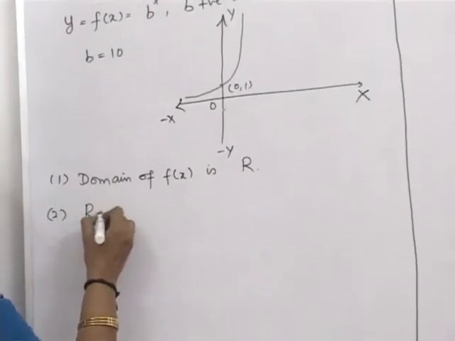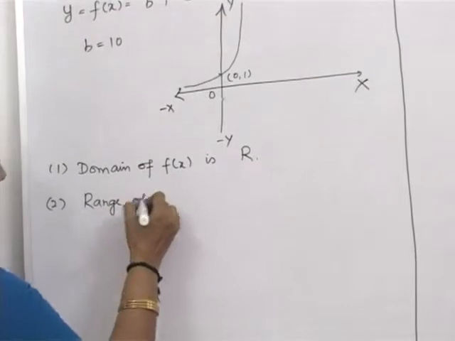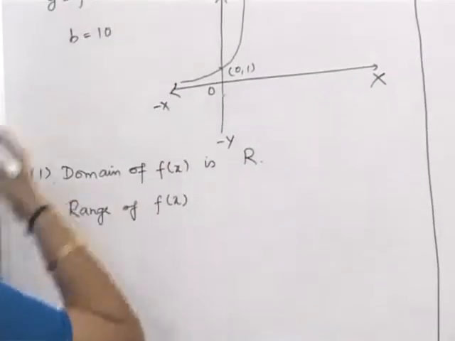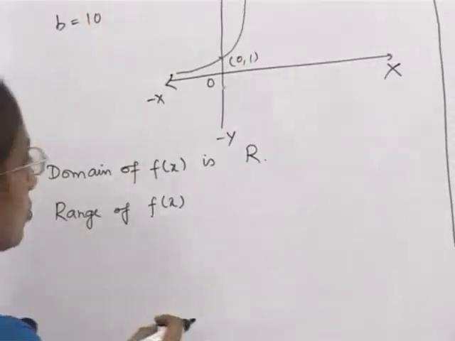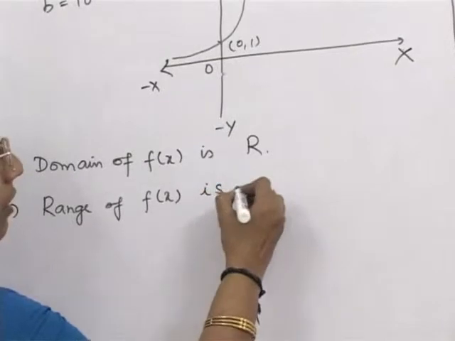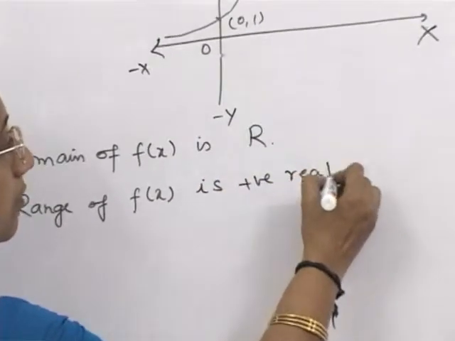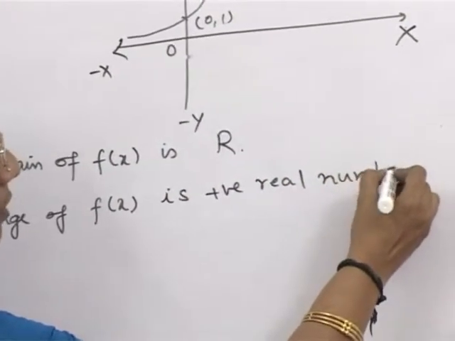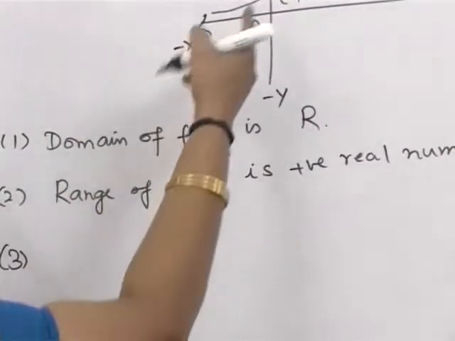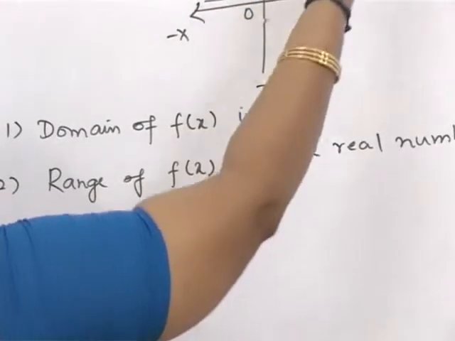Now what about the range of f of x? Whatever the value of x, b power x is always positive. Therefore, the range of f of x is all positive real numbers. As seen from the graph, it always intersects the y-axis at (0, 1).